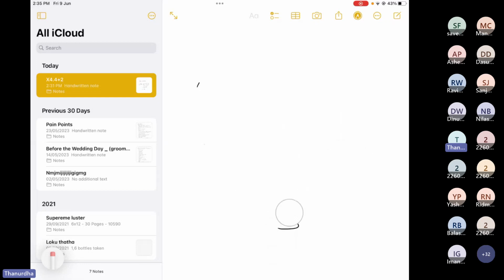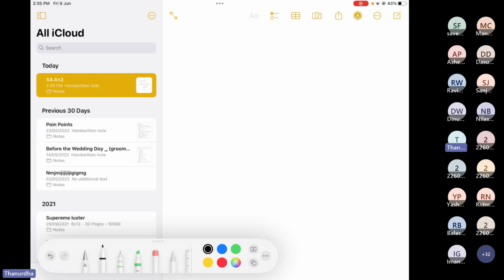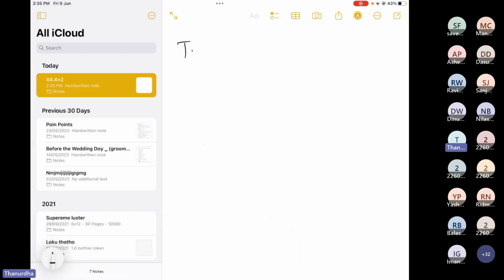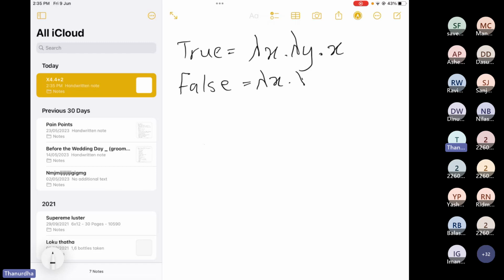Okay, the syntax we gave for true was lambda x, lambda y, and it outputs the first choice, which is x. And for false, we have lambda x, lambda y, and then it outputs the second choice.